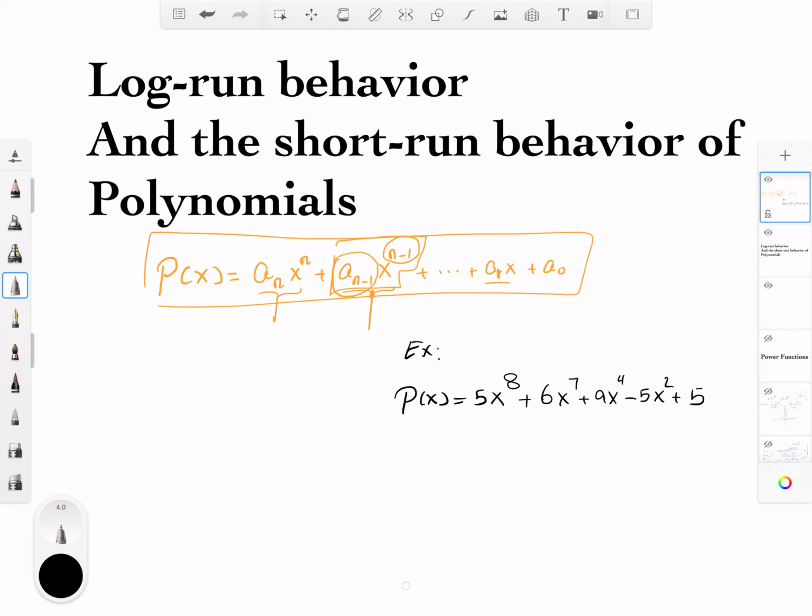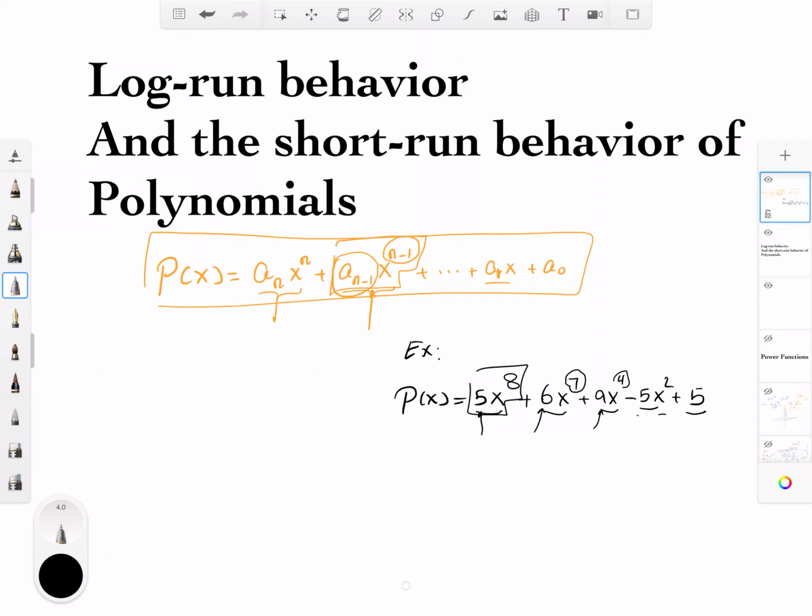So this polynomial has one term, two terms, three terms, four terms, five terms. 5 is the coefficient of x to the power of 8, 6 is the coefficient of x to the power of 7, 9 is the coefficient of x to the power of 4, and so on.